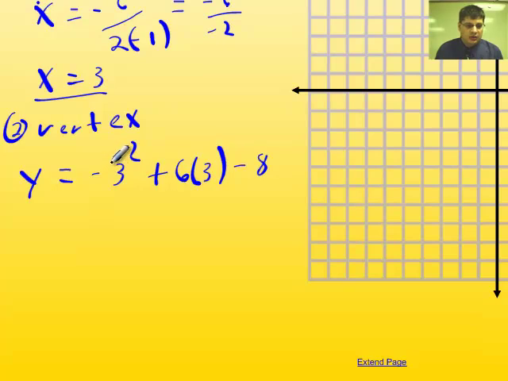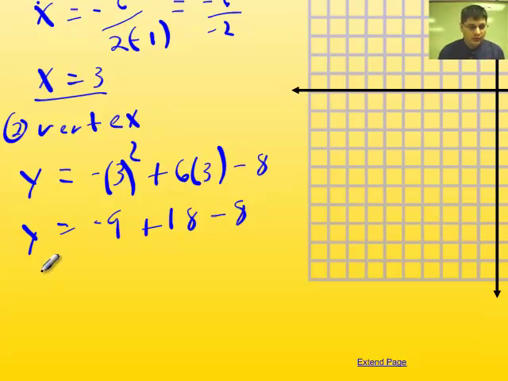Now I want you to keep in mind I'm substituting in a 3. The negative is applied to the 3 after you square it, because assume that's a negative 1. Remember, you do exponents before you do multiplication. So when I evaluate this, this is going to be 3 squared, which is 9, and the negative makes it negative 9, plus 18 minus 8.